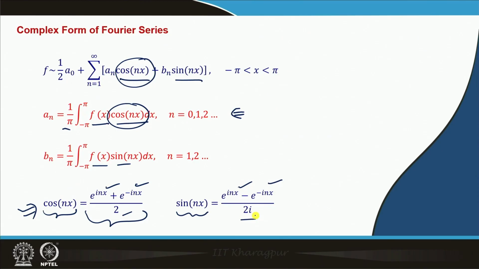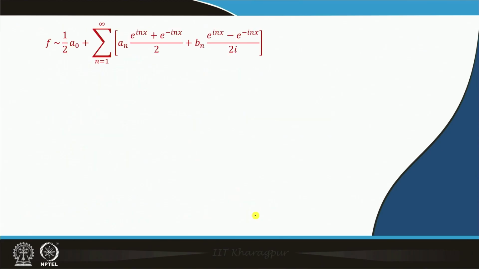Similarly for sin n x we have e power i n x minus e power minus i n x, divided by 2 times i. Now we can replace these in the Fourier series: a naught by 2, and then cos n x and sin n x replaced by the Euler formula.